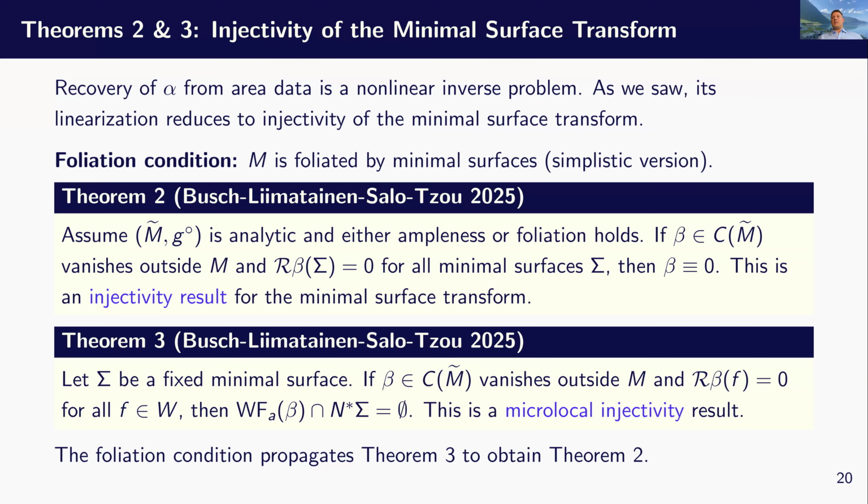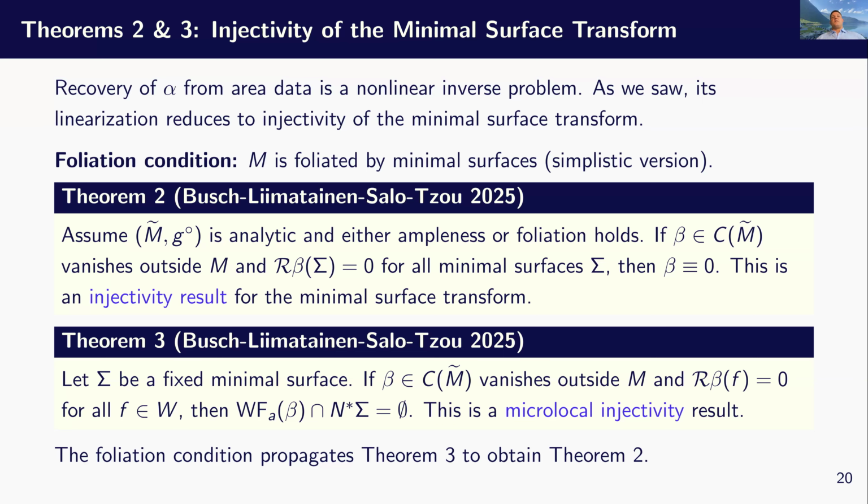So this condition means that if the minimal surface transformation for nearby variations of sigma vanishes, then the following analytic wavefront set condition holds. In this case, the analytic wavefront set of beta intersected with the conormal bundle of sigma is empty. These kinds of results are typically called microlocal injectivity results.